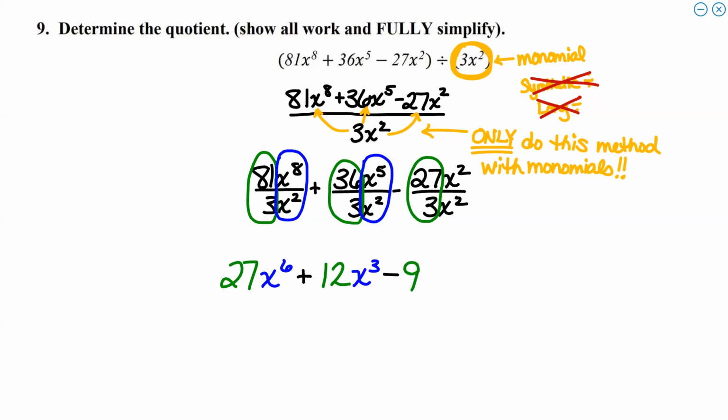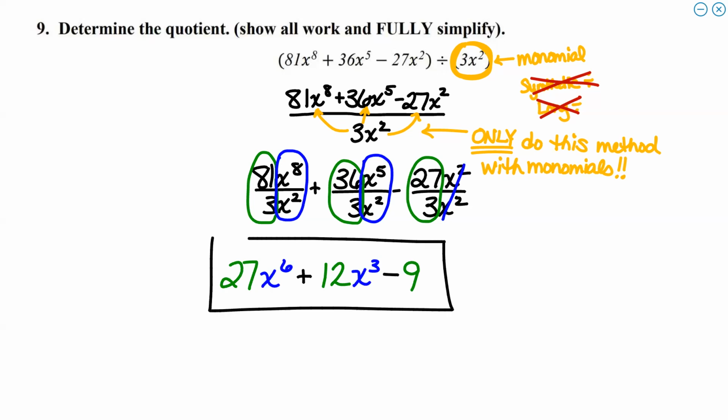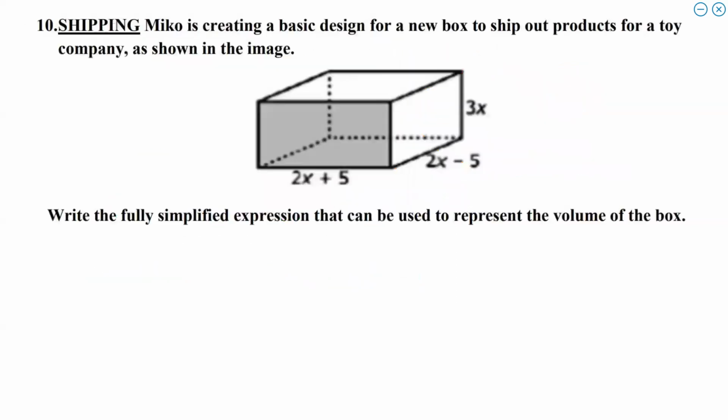And what happens with the x's? They cancel completely out. I have 2 that are getting multiplied together on the top and 2 on the bottom. Yep. So both pieces cancel, so it's just that 9. That would be my final answer there. All right, go ahead and flip it over to the back side. 3 problems to go, and then we are done.